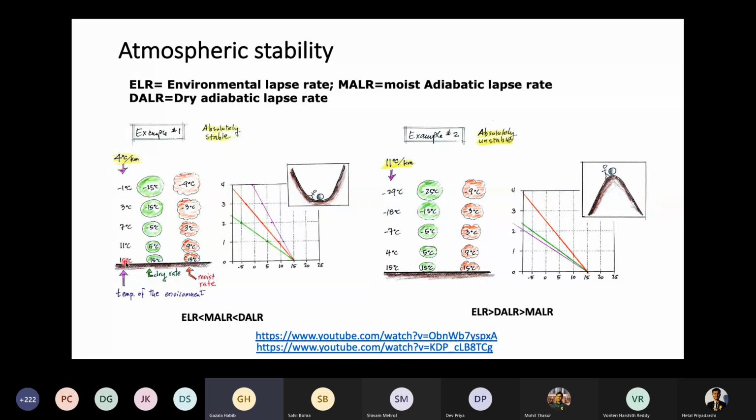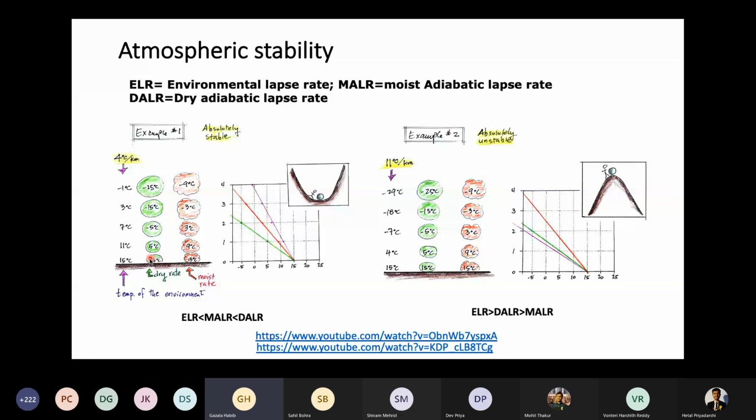The first column is the environmental lapse rate. Say the present environment has a 4 degrees centigrade lapse rate. That means if the temperature on the earth surface is 15 degrees centigrade, then after a kilometer it will be 11 degrees centigrade, then 7, 3, and so on. Now if the air parcel is dry, what will happen?